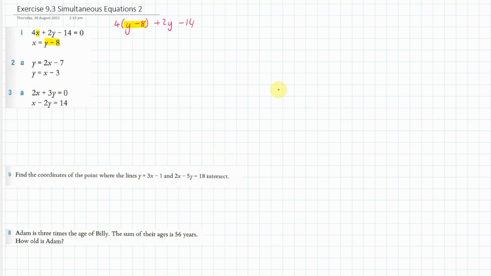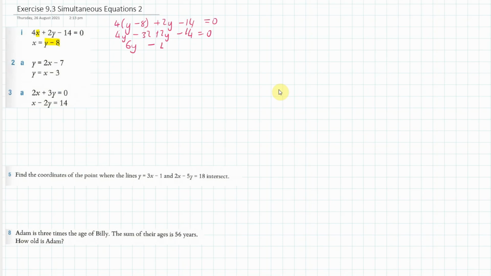Alright, now we're going to solve that equation. So we expand it out, and that should be equal to 0. We get 4y minus 32, plus 2y minus 14 is equal to 0. Now at this point we gather our y's together, so that's 6y, and then gather our non-y's together, so minus 32 minus 14, I think it's minus 46, is that right?